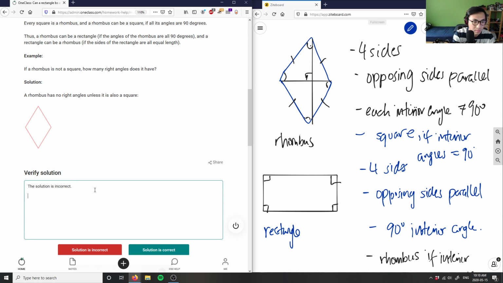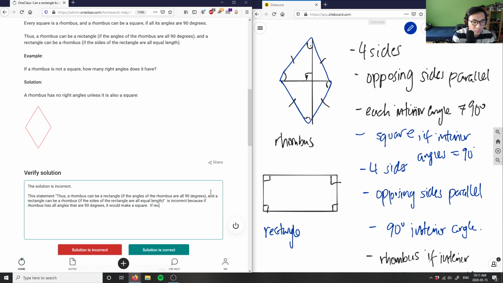This statement, and we're going to quote them as well. Thus, a rhombus can be a rectangle if a rectangle can be a rhombus is incorrect because if a rhombus has all angles that are 90 degrees, it would make a square.